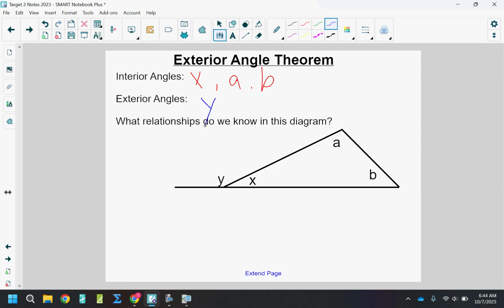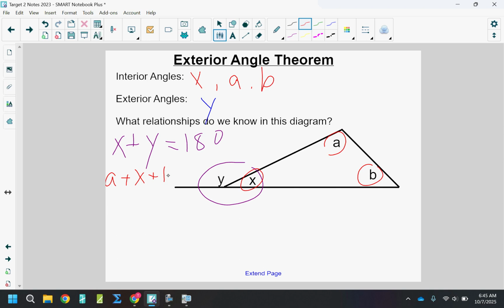So if I think about the relationships that I know in this diagram, I know that these two angles form a linear pair, so they have to add up to 180. And I also know that these three interior angles add up to 180. And that's using the theorem we just talked about, the interior angle theorem.